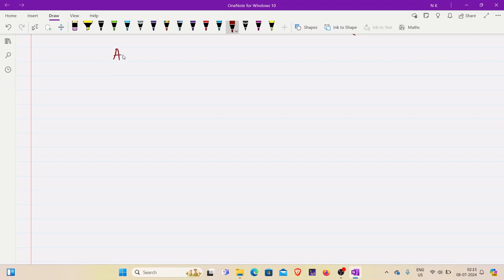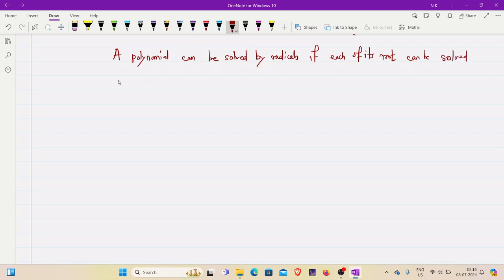A polynomial can be solved by radicals if each of its roots can be solved by radicals.